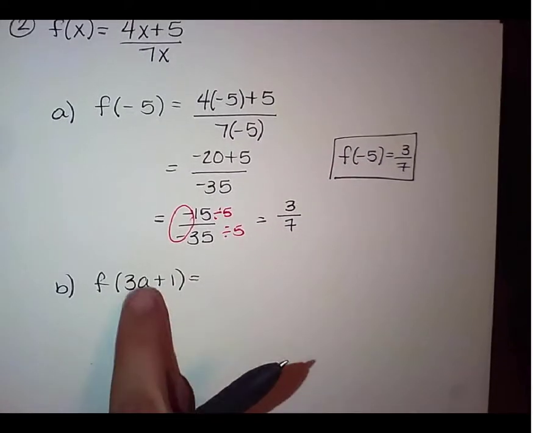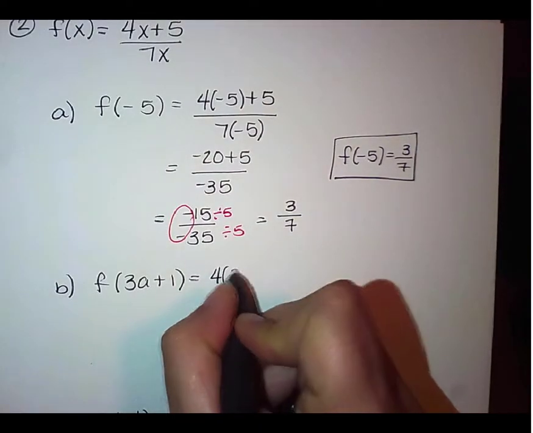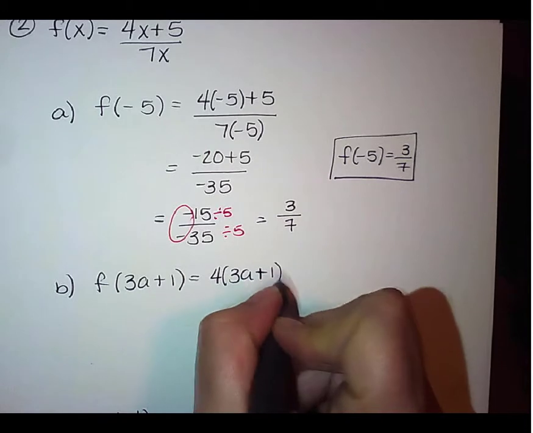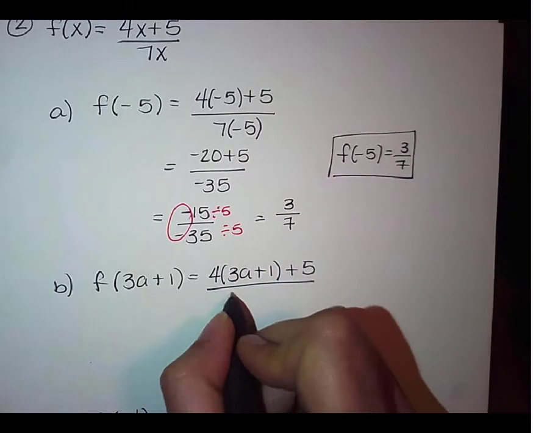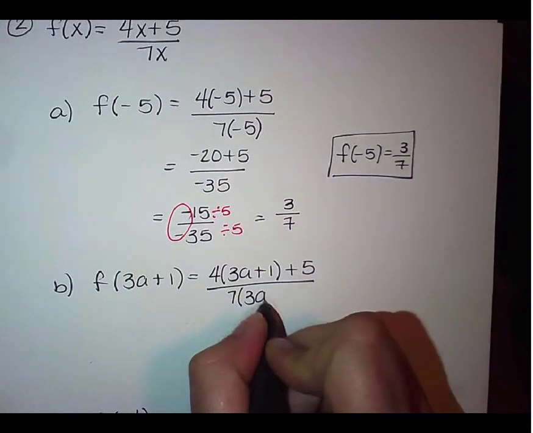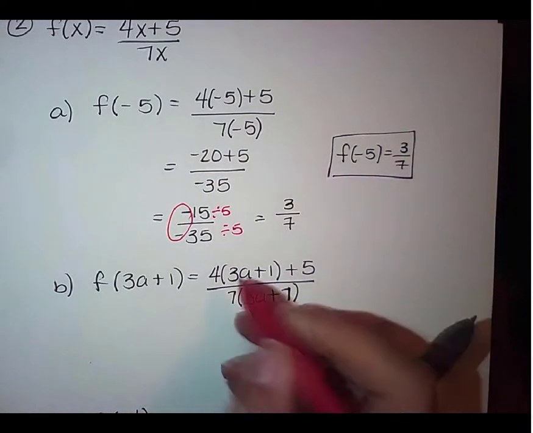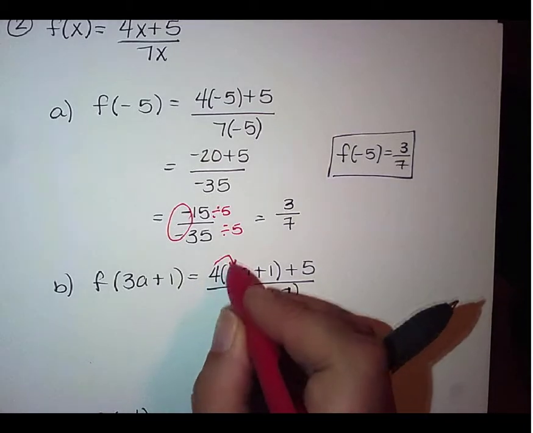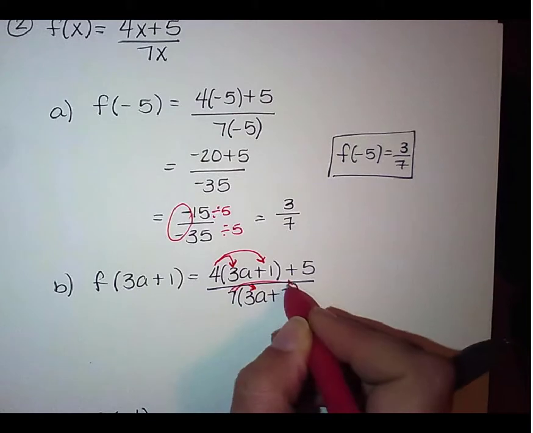Alright, so doing the same thing with our 3a plus 1. So we have 4 times 3a plus 1 plus 5 over 7 times 3a plus 1. So again, we need to make sure we distribute the 4 on the top and the 7 in the denominator.